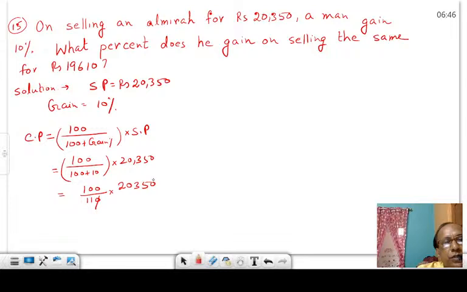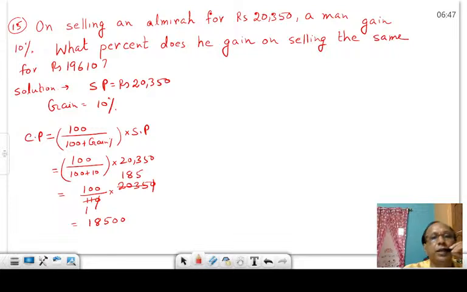This zero will cut, and we divide by 11. 11 1s are 11, 11 8s are 88, 11 5s are 55. That means we get 18,500. Therefore, the cost price is 18,500.